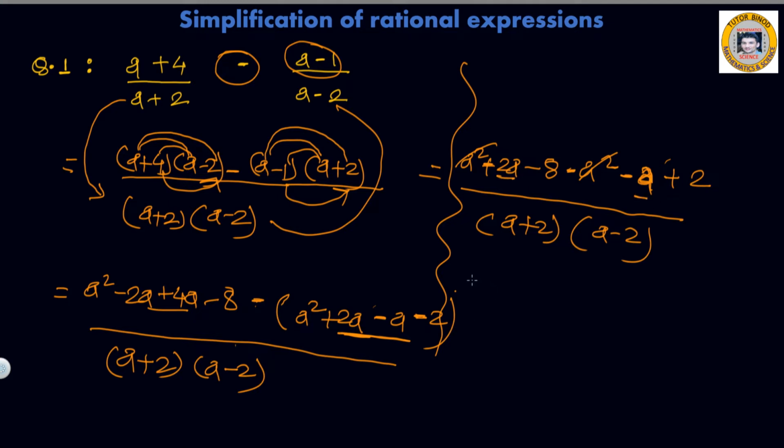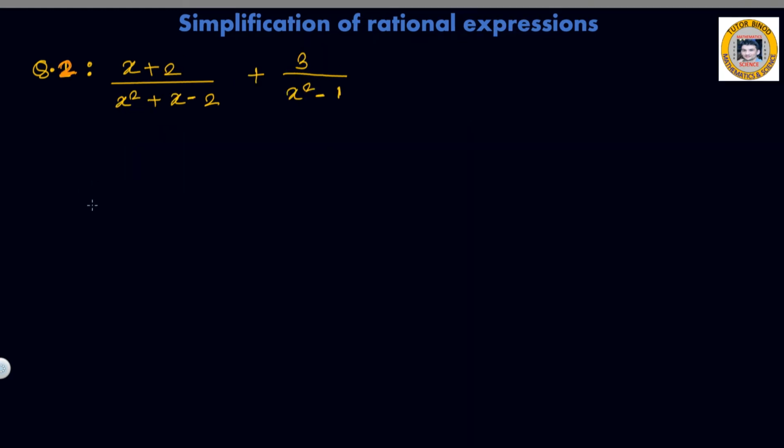So in the numerator I will have a plus 2, whereas in the denominator I have a plus 2, a minus 2. This a plus 2 and this a plus 2 is gone, so I would have 1 over a minus 2.